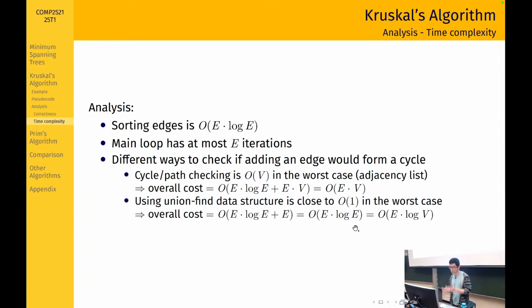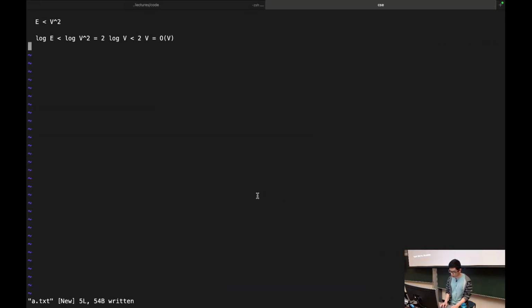That means the time complexity simplifies to E log E, which is also equal to E log V. Once again, the log E here is equivalent to log V because of log laws.